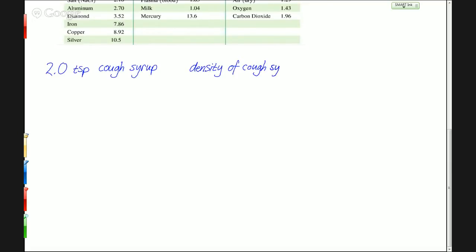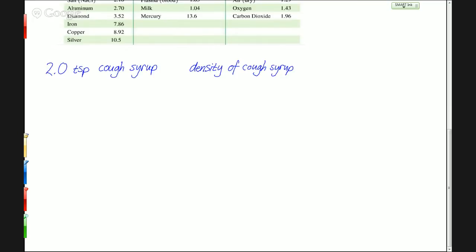Would you say that it is more or less dense than water? More? Why more? Because it's the syrup, yeah.